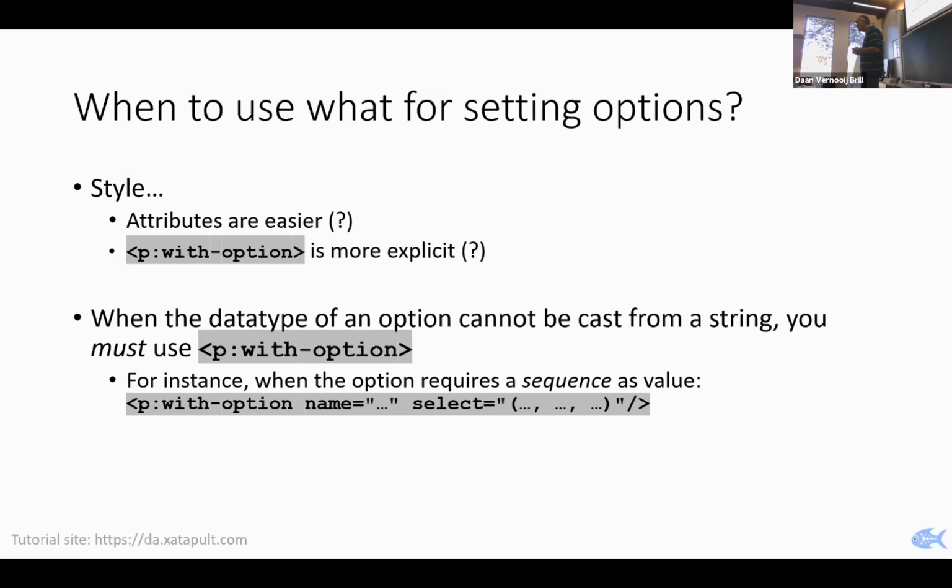And there are some data types that you cannot pass in as an attribute. For instance, if the value of an option is a sequence of strings, you cannot pass in a sequence of strings through an attribute value. That will not work. So you have to do something like the bottom line there.